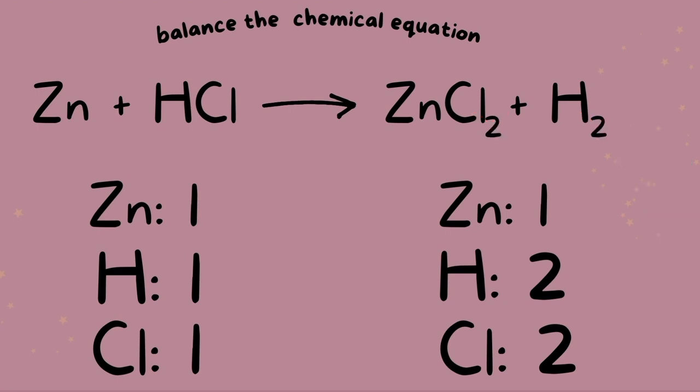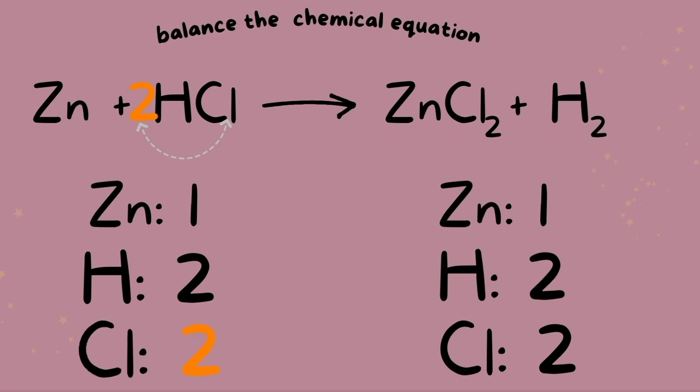Okay, so let's start by attempting to balance out hydrogen. We could put a coefficient of 2 here, and that will give us 2 hydrogen. So hydrogen is now balanced. Now this coefficient is also going to be multiplied with the entire compound. In other words, the 2 is going to be multiplied by every single element attached to it. So we multiply it by hydrogen, but also by chlorine.